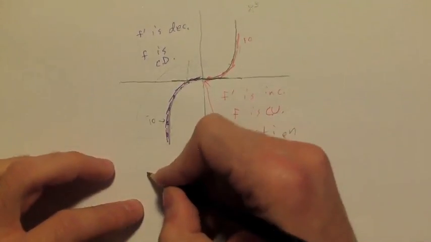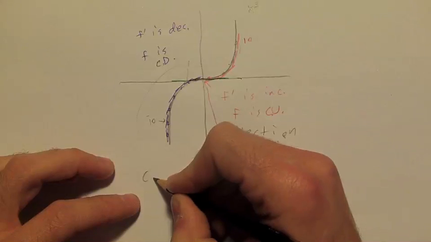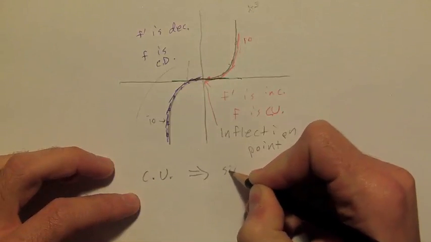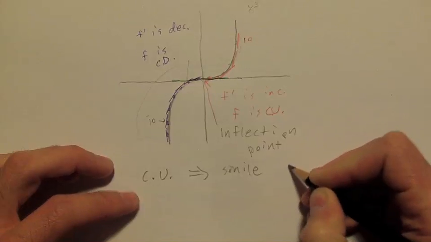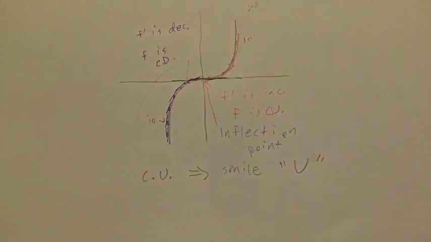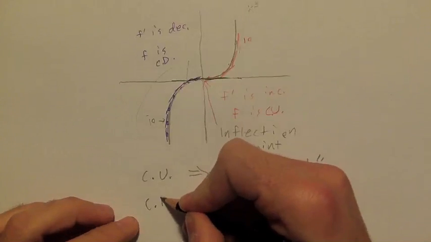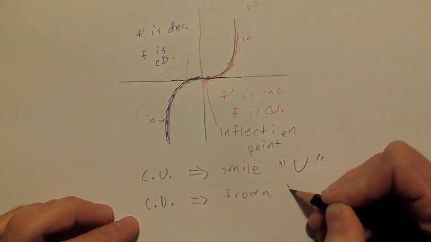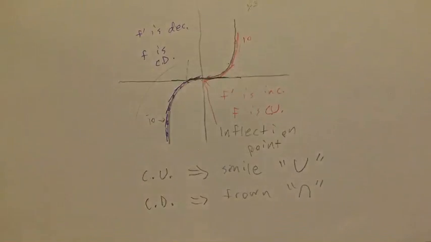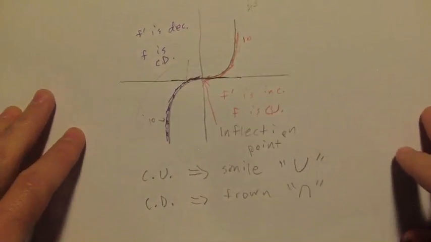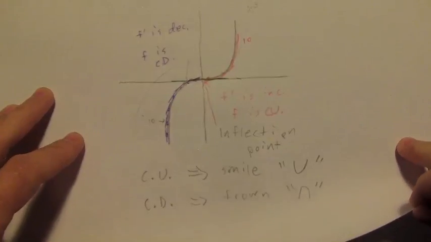Right, so concave up is a smile, also known as a U, and concave down is a frown. Okay, and it could be a half smile, half frown. Right? It doesn't have to be the entire thing.